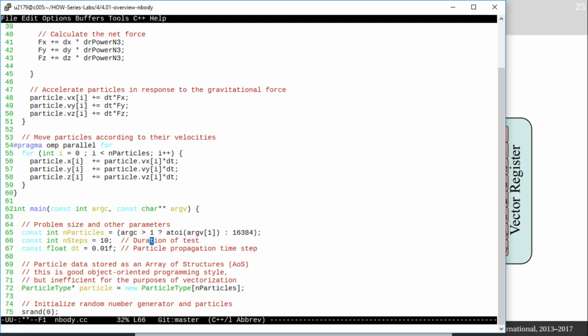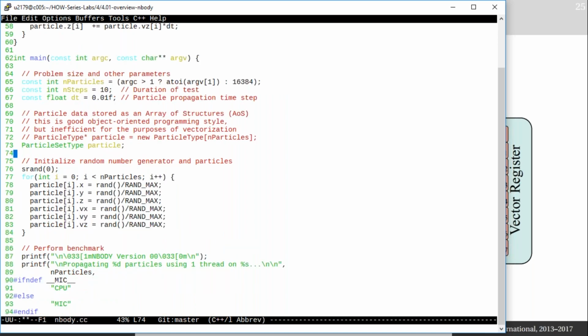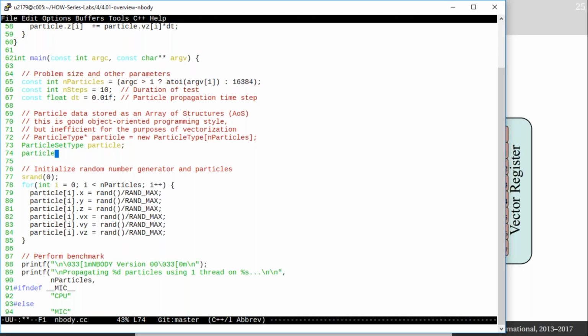Now in the main function, this no longer works. Instead, what I should do is to create particle set type. And this is a structure that contains arrays. So I will have to do particle.x new float and so on. Just to simplify my work down the line, let's change this to C-style allocation like this.